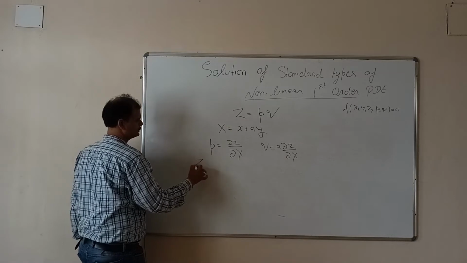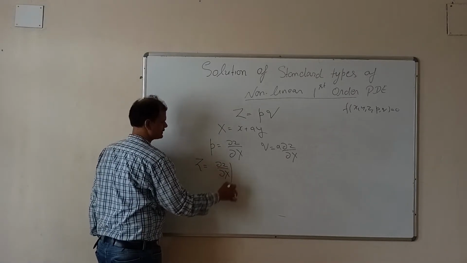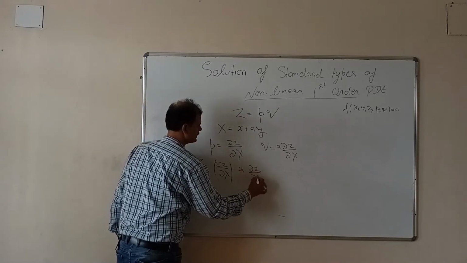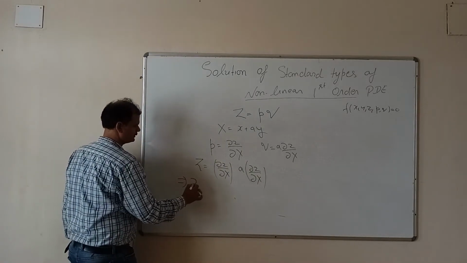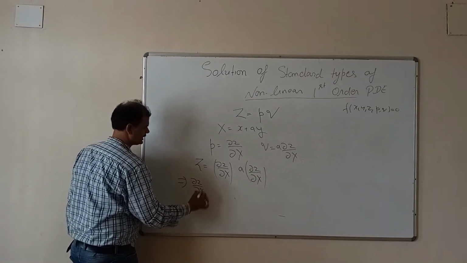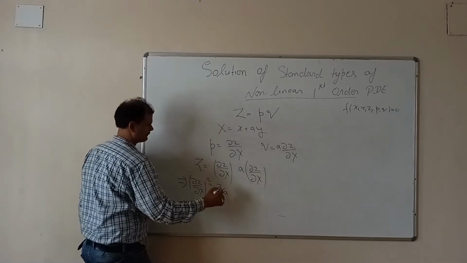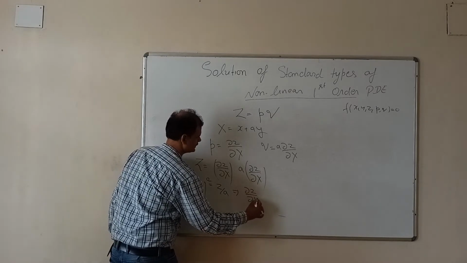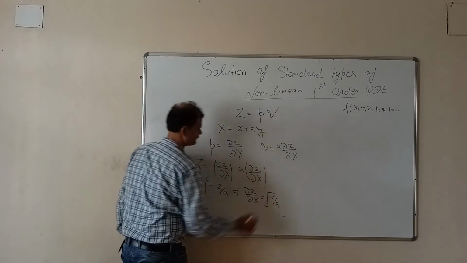So z equal to del z by del X into a into del z by del X, which implies del z by del X whole square equal to z by a. Then we can have del z by del X equal to under root z by a.